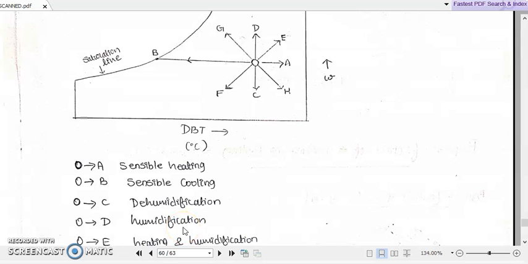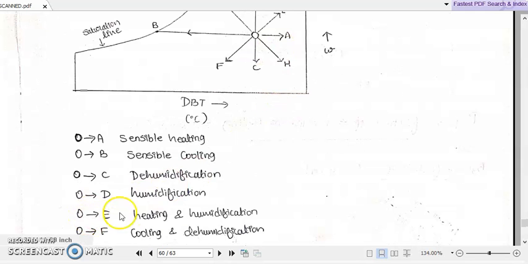Then suppose we have a line O to E. There is both an increase in the dry bulb temperature and an increase in the humidity content. So O to E represents heating and humidification.